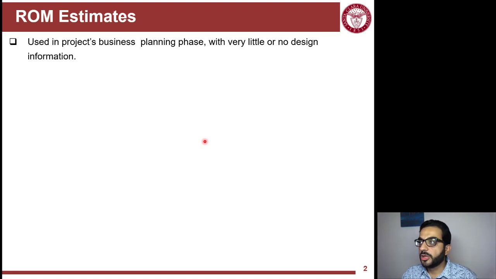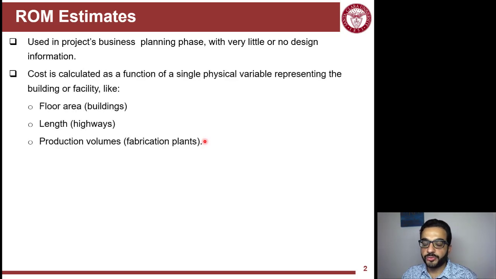You do that by doing the cost calculation based on an attribute of the project that represents its size. In buildings, we use floor area. In highways, we use length, so the cost can be how much dollar per mile, or station.